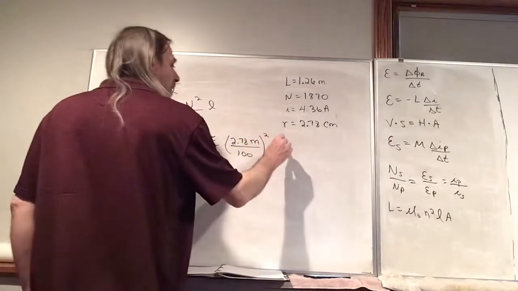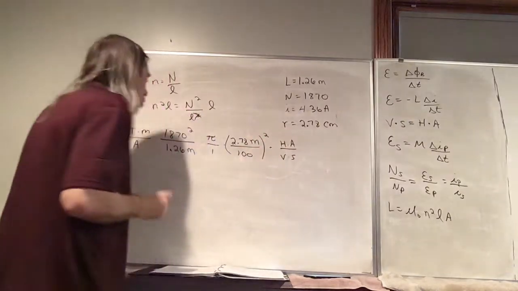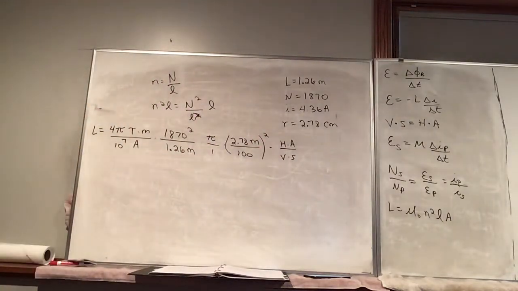So a henry times an amp is a volt times a second. We want to get rid of these Teslas as well. Let's see. I know I need that henry amp as a volt times a second. What else do we need?